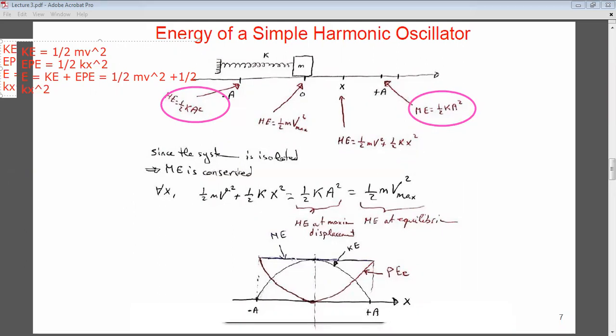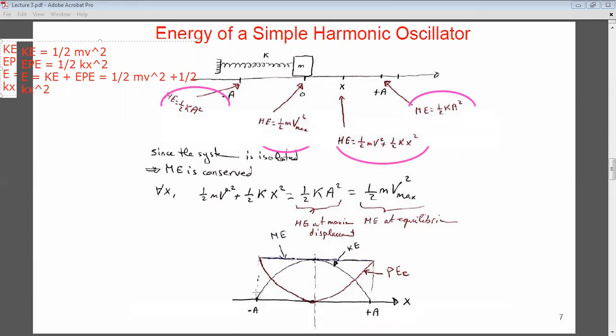And since the system is isolated, that is, there is no friction, there is no loss of energy, then the mechanical energy is conserved, which means half mv squared plus half kx squared, that is mechanical energy at any time, is equal to the mechanical energy at maximum position or at equilibrium. Okay, if we draw the energies over here, we will see that mechanical energy is constant, it's a straight line.